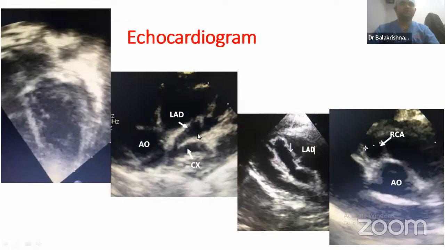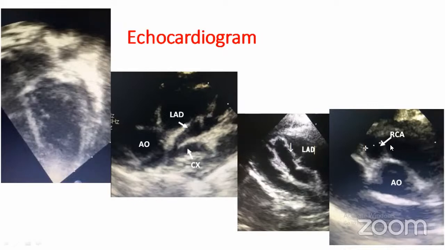So we got an echocardiography. Our pediatric cardiologist, Vikram sir, did the echo, and you can see the brightness around the left anterior descending artery and around the circumflex artery. The coronary arteries are dilated, including the right coronary artery.